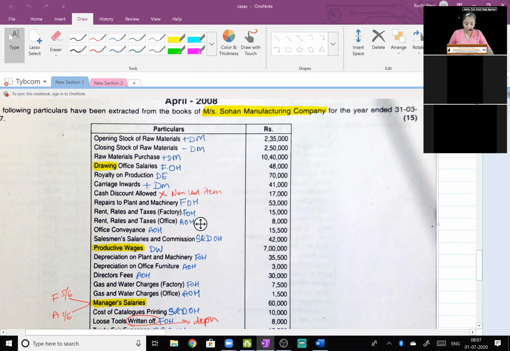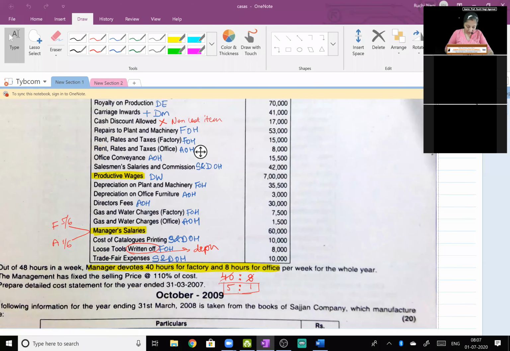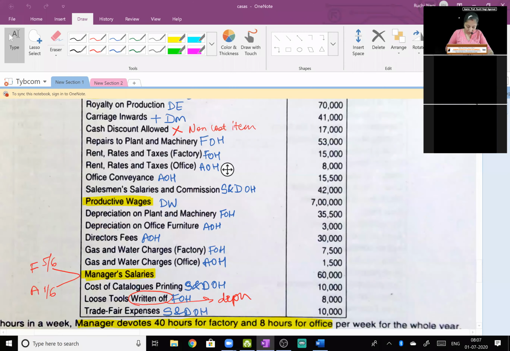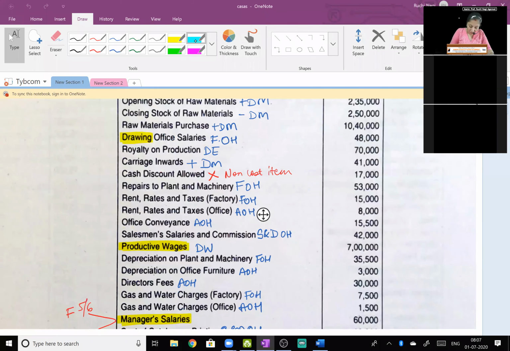We have opening stock of raw material, add to direct material, closing stock of raw material, less from direct material. This is what we have discussed last lecture. And there was one non-cost item, cash discount allowed. So that will not come in cost sheet.